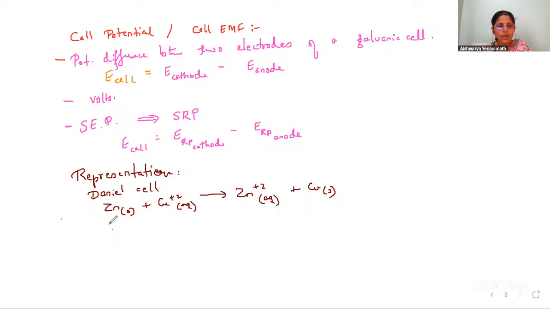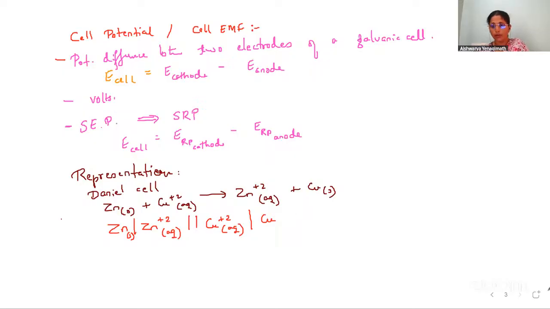I represent it as Zn, a vertical line, Zn plus 2. If you want to be more clear: Zn solid, vertical line, Zn plus 2 aqueous, separated by double vertical lines, which represents the salt bridge also. Here Cu plus 2 aqueous solution bar Cu. This is how a galvanic cell or a Daniell cell is represented.